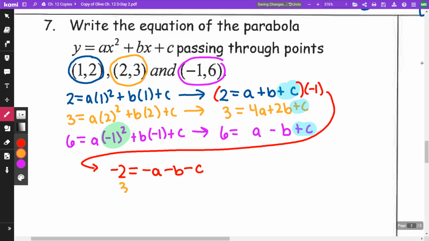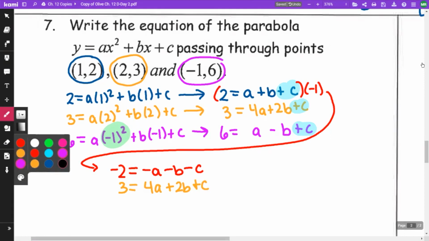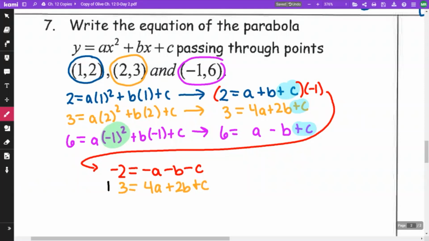I'm going to use that with 3 is equal to 4a plus 2b plus c. When I add that up, I get 1 is equal to 3a plus b.